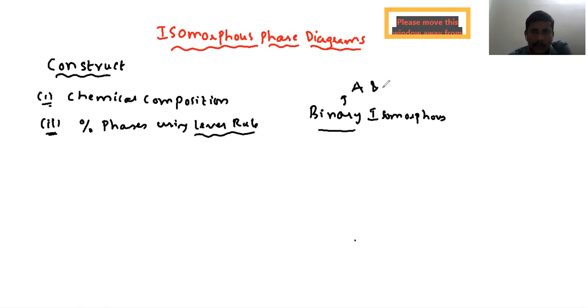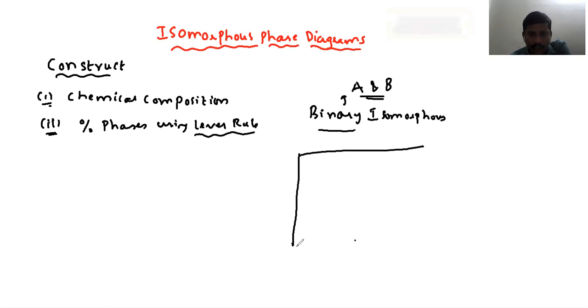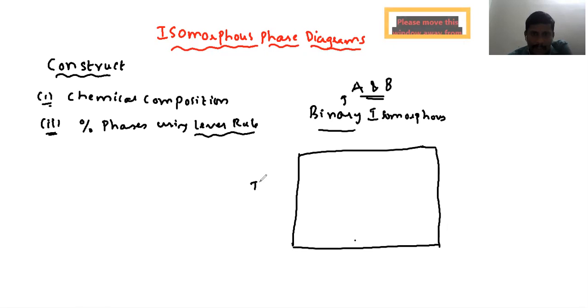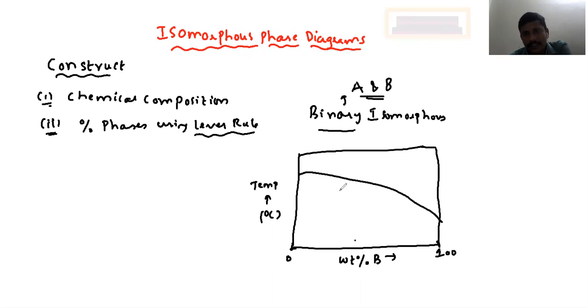Let us consider the two components are A and B. If I draw the isomorphous phase diagram, suppose I'm taking temperature on the y-axis in degrees centigrade, and composition, that is the weight percentage of the alloying element, I am considering weight percentage of B. On the x-axis I am ranging the percentage of B from 0 to 100. I will get the isomorphous phase diagram like this.